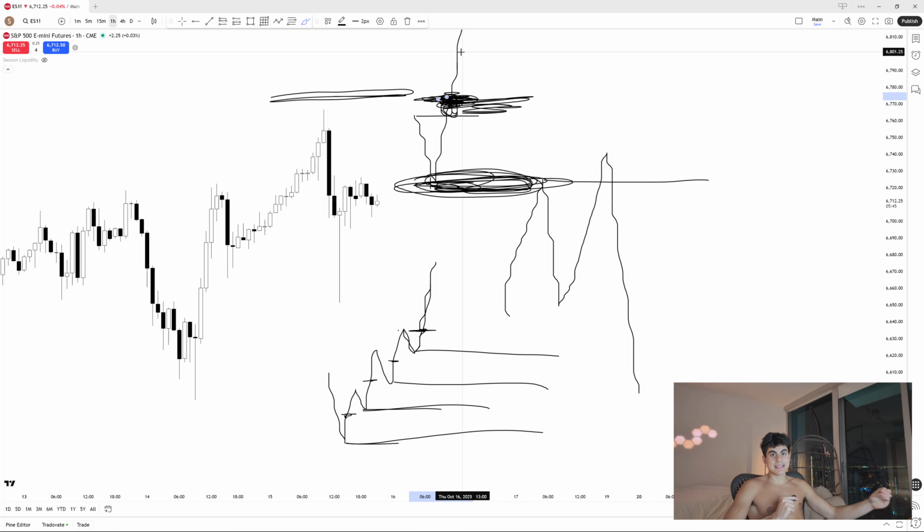So in order to get people to sell, they need to push price down here, where a lot of people are willing to sell because they have sell orders resting there, to then be able to fill all of their orders, which will then make price actually go higher. So that's just the reasoning behind that.